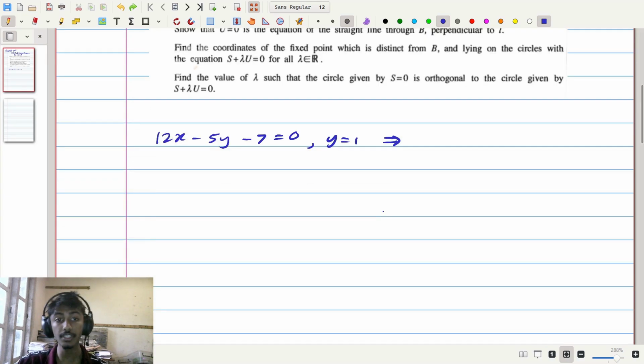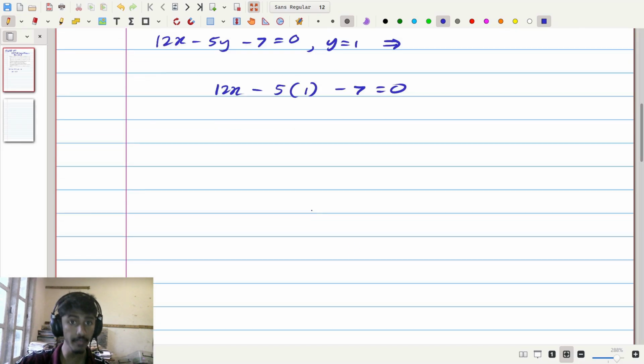We get 12x minus 5 times 1 minus 7 equals 0, which simplifies to 12x minus 12 equals 0. Taking the minus 12 to the other side, we get 12x equals 12, and dividing both sides by 12, we get x equals 1.